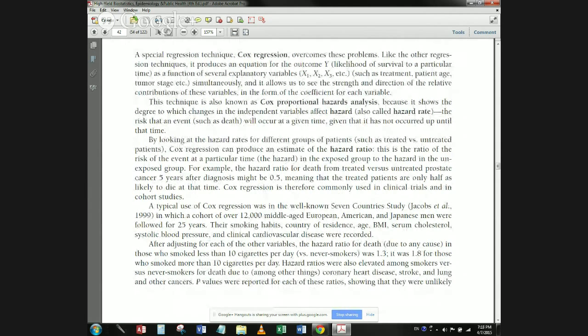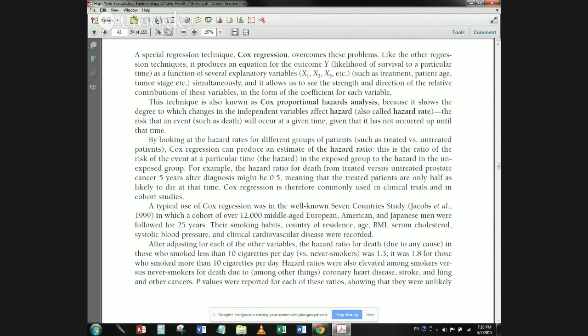Like the regression techniques, it produces an equation for the outcome y, likelihood of survival to a particular time, as a function of several explanatory variables x1, x2, x3, etc., such as treatment, patient age, tumor stage, etc., simultaneously, and it allows us to see the strength and direction of the relative contributions of these variables in the form of the coefficient for each variable.